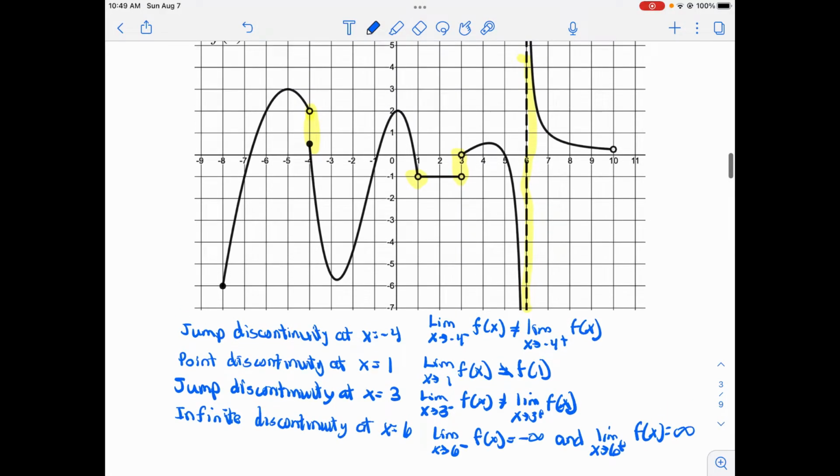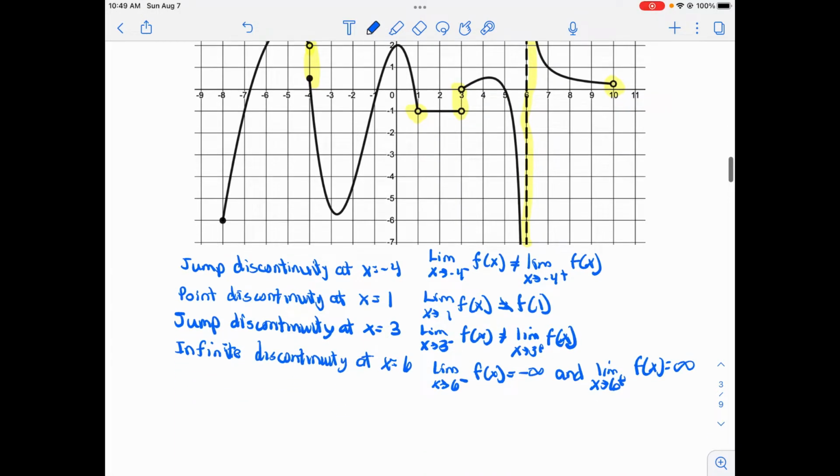All right, and then there is one more point of discontinuity here, and that's at the endpoint of 10. Okay, and this is again point discontinuity or removable discontinuity.